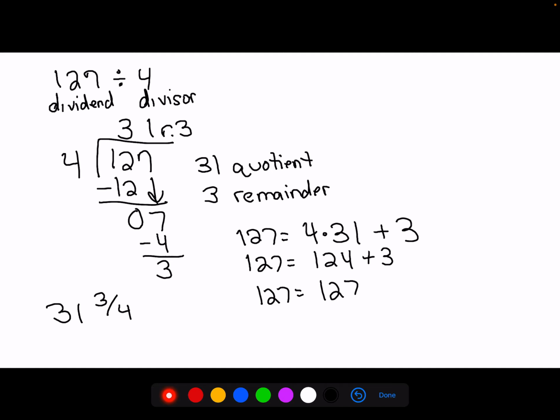And 31 3/4 times 4 also equals 127. So that's what's going on with the division algorithm, and those principles apply also when we're dealing with polynomial expressions and division problems.